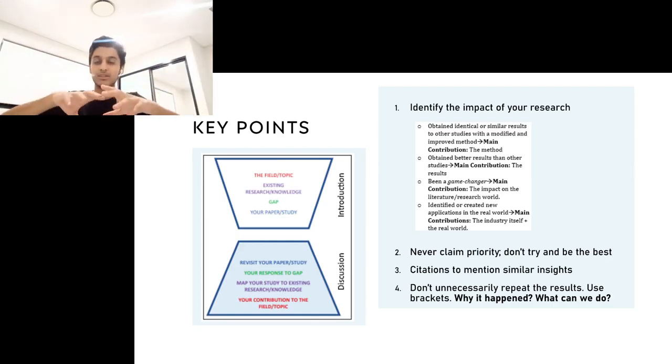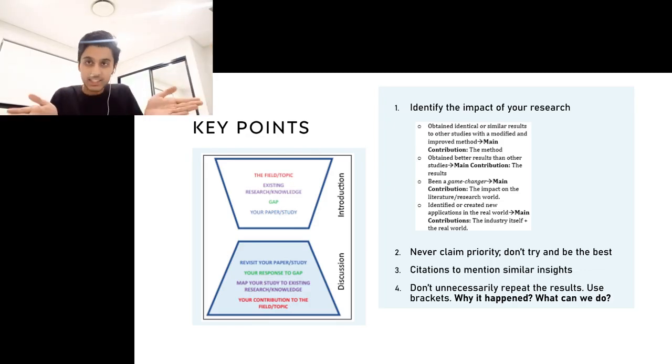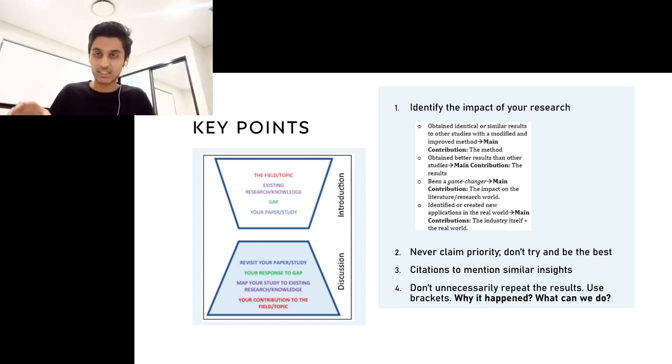Then I'm going to map it to the existing research and knowledge in the astronomy field. And then I'm going to talk about how I contributed to the entire field itself. So this is a model that you need to keep in mind. Take a screenshot of this. This is extremely important. Now let's look at the key things that you want to ensure when you're writing the discussion section.